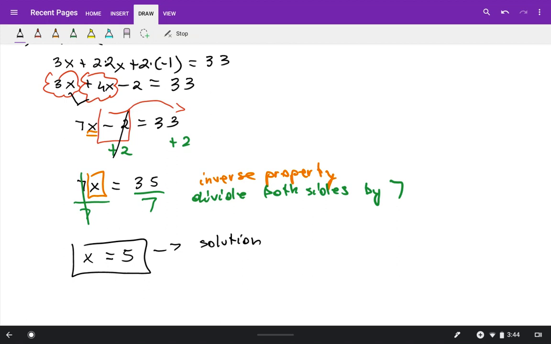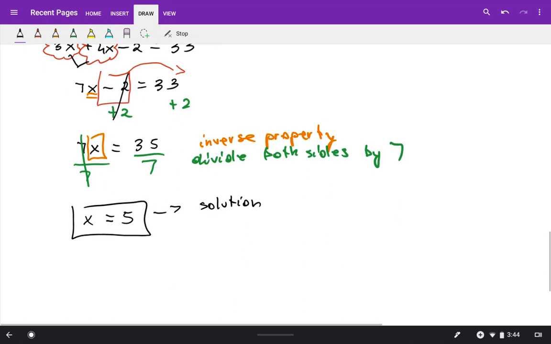We're just going to do that once, but let's check if that's correct. I would skip that. You guys can check that at home. But to check, you should go back to the original equation.